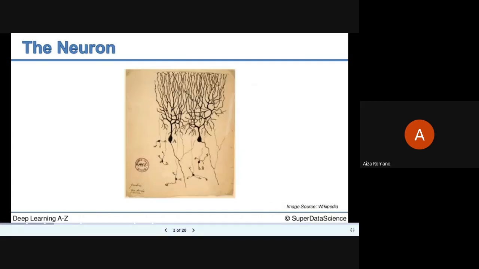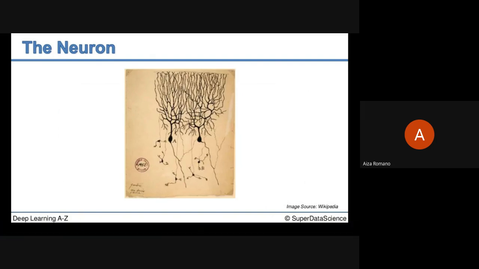First, let's take a closer look at what it actually is. This image was first created by a Spanish neuroscientist, Santiago Ramon y Cajal, in 1899. What he did was he dyed neurons in actual brain tissue and looked at them under a microscope.